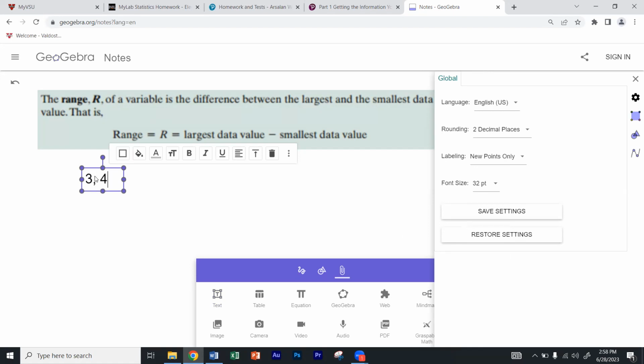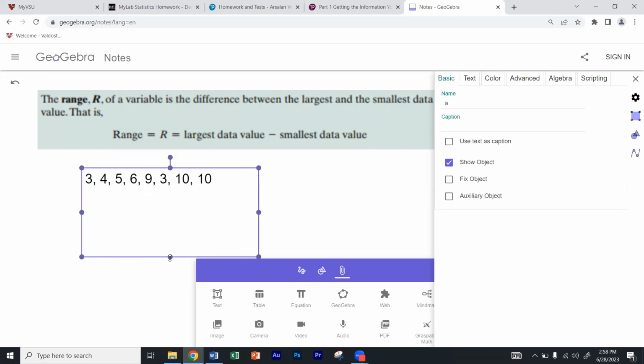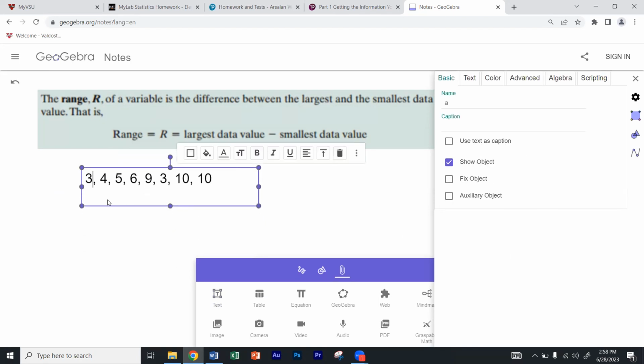Let's say these are the scores out of 10. Okay, I have a bunch of students. Actually, let's make it 10. And let's make this 5.